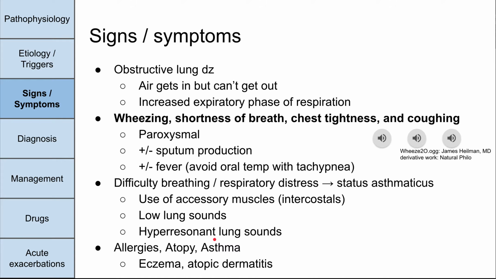So the lungs are pretty big, or overfilled, and you'll hear hyperresonant lung sounds instead of normal lung sounds. Again, the atopic conditions are also associated, so that's a noteworthy sign and symptom. You might notice somebody has a rash, has atopic dermatitis, which could be a tip-off that they might also have allergies in their airways or asthma.